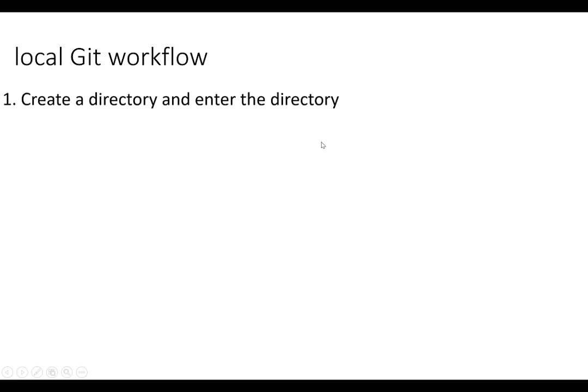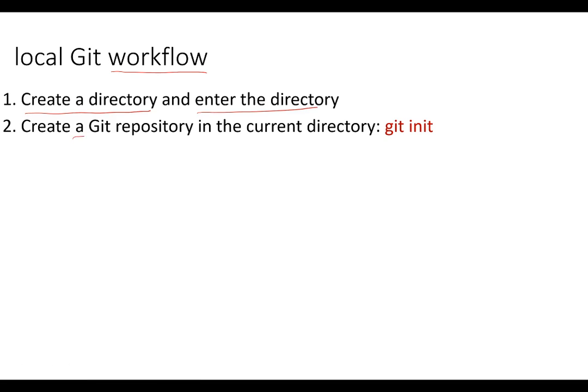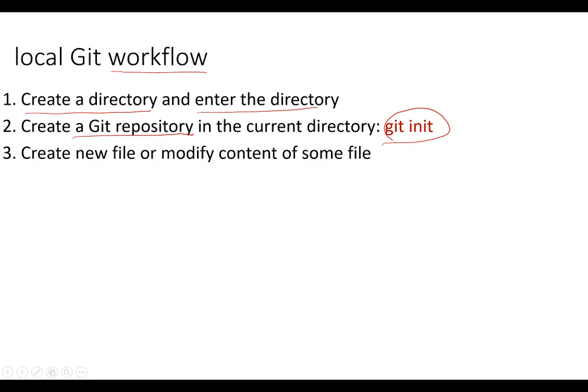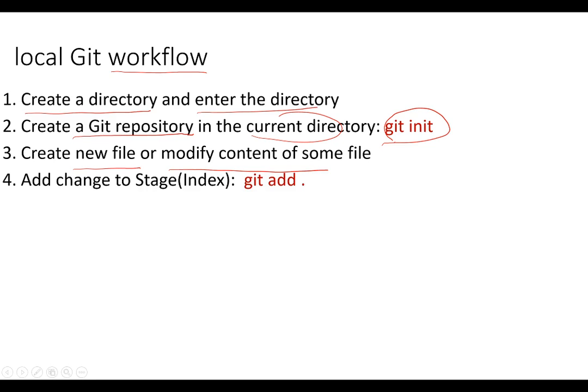Here is a general local Git workflow. First, we create a directory and enter the directory. Then we create a Git repository in the directory using a command called git init. Then you will do some work in the current directory, such as create new files or modify some files.